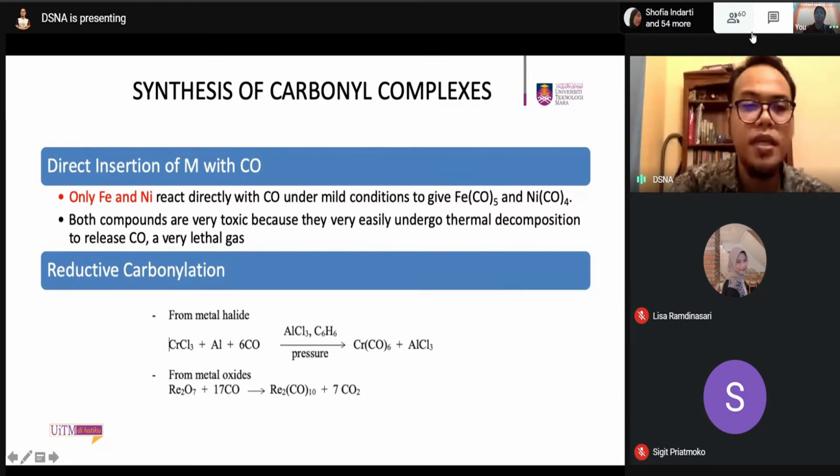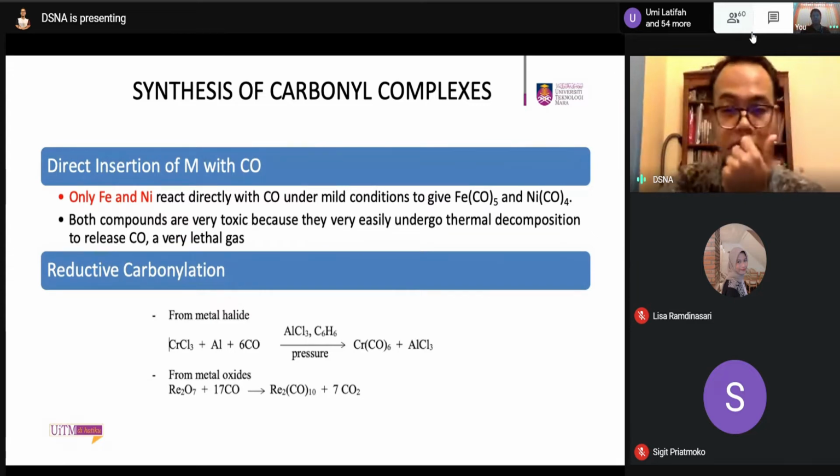Now, the second one will be reductive carbonylation. We have here from metal halide. I'm using chromium chloride here. So we have carbon monoxide, and we have aluminium. So in this case, our chromium is taking all the carbon monoxide, forming chromium hexacarbonyl.